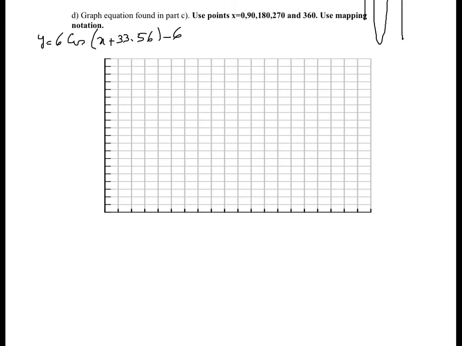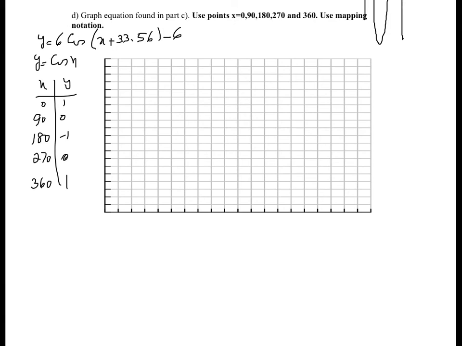The next part of the question says graph the equation found in part C, meaning y is equal to 6 cos (x plus 33.56) minus 6. Again, the base function is cos x. So the table of values for the values 0, 90, 180, 270, and 360 becomes cos 0 is 1, 90 is 0, 180 is negative 1, 0, and 1.